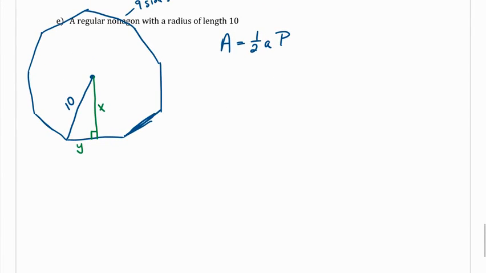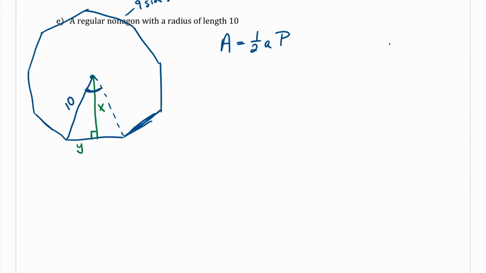Okay, so really, I just need to solve that right triangle. Right now, though, I only have one side. I can't do anything if I only have a side. I can't get the other two sides, so I need to think about my angles, right? So we're going to do the same thing we did with that hexagon, is if I draw in another radius here, I can think about this central angle of my nonagon.